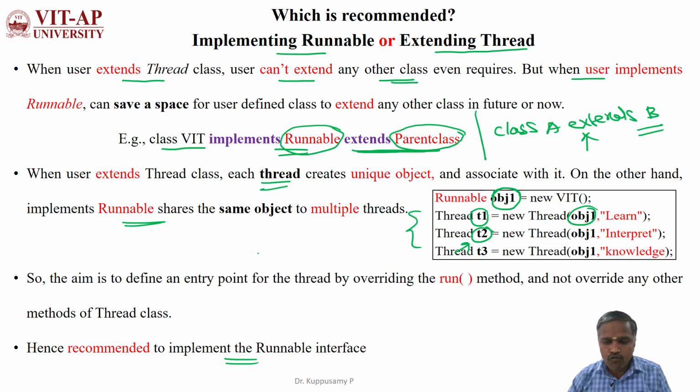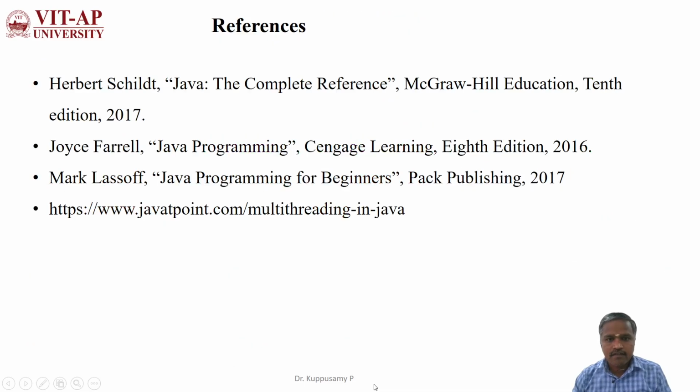You have to use only a single thread for a single class. So that is also one of the limitations of extending the Thread class. So the recommendation is to use the Runnable interface whenever we go for a multi-threading approach using a single object for multiple threads. Thanks for watching.